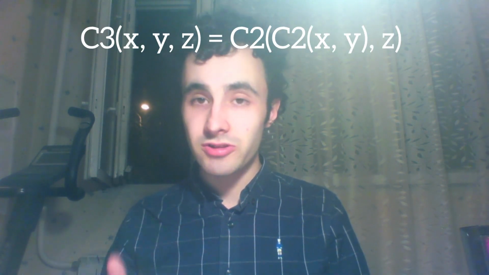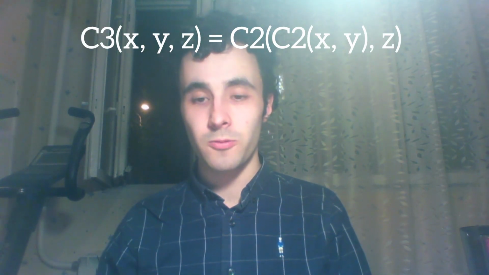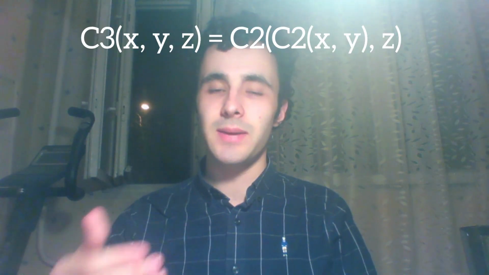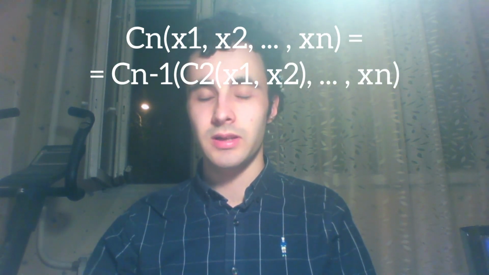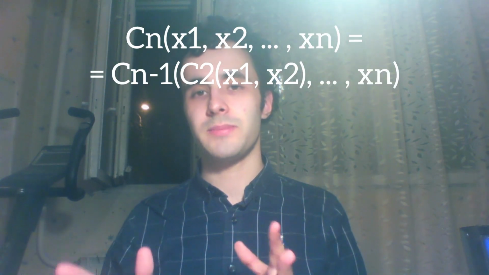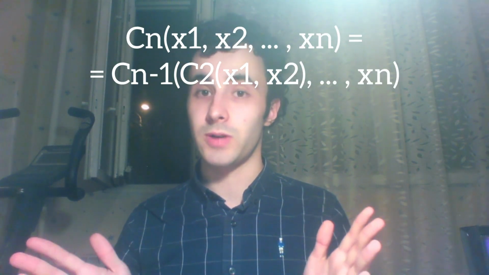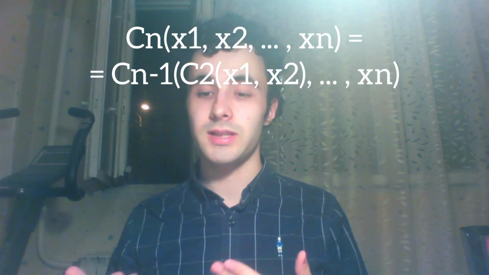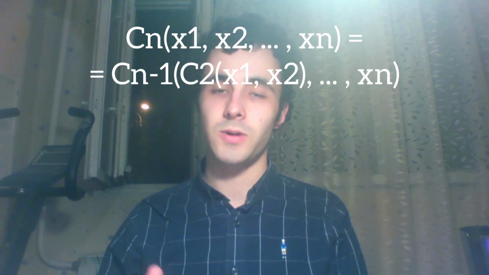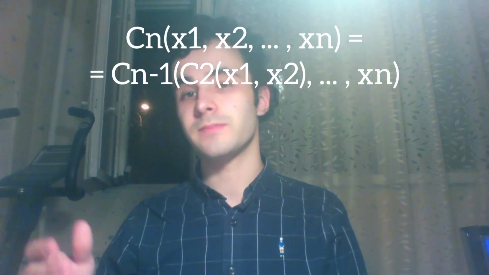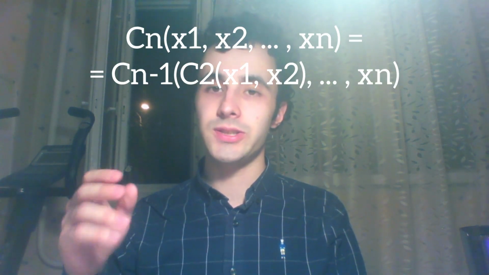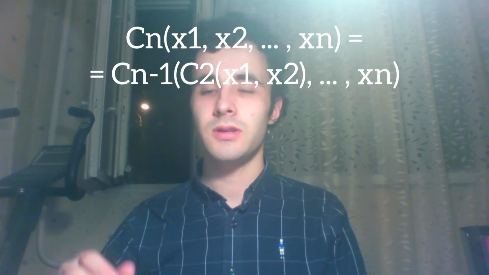And in general, I can define the number of a tuple of length n as the number of a tuple of length n minus 1, where I put the first two elements together. So we can see here that Cn of x1, x2, and so on xn is equal to Cn minus 1 of C2 of x1, x2, and so on xn.